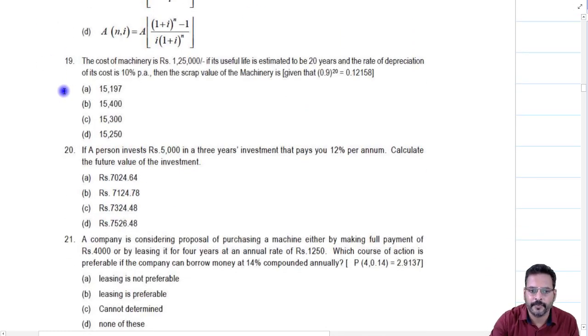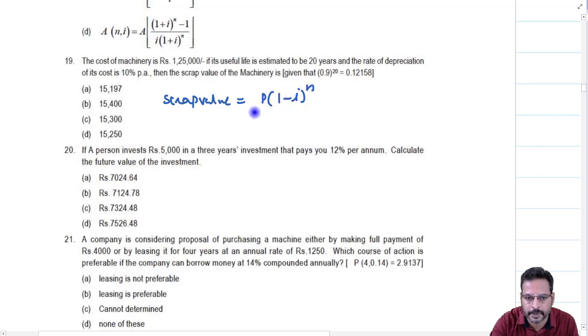Then next question, cost of machinery is rupees 1,25,000. Estimated useful life is 20 years and the rate of depreciation of its cost is 10%. So the formula for finding scrap value is equal to T into (1 minus I) the whole raised to N. So in the given question, 1,25,000 into (1 minus 0.10) the whole raised to 20.